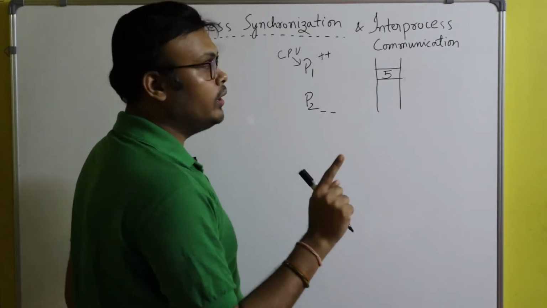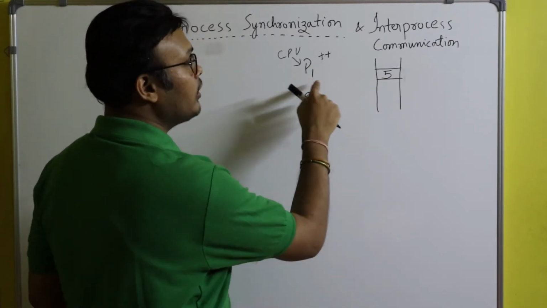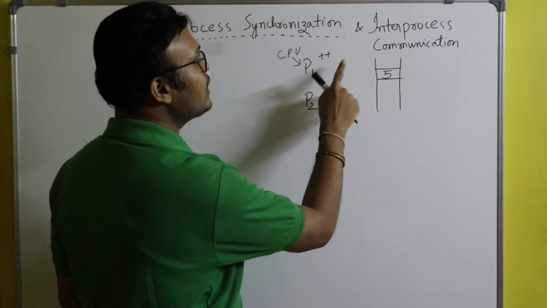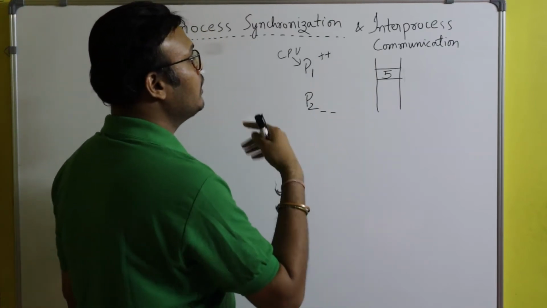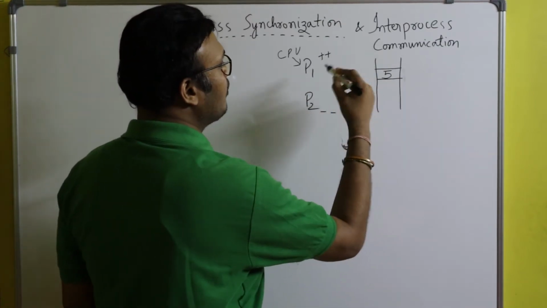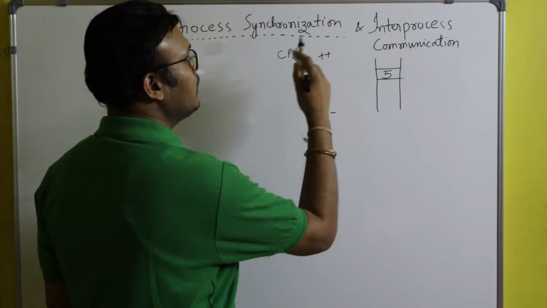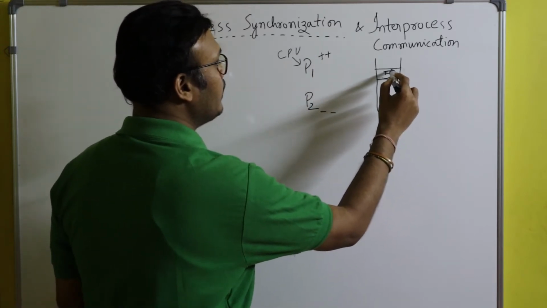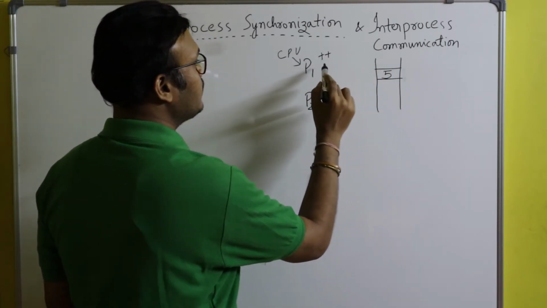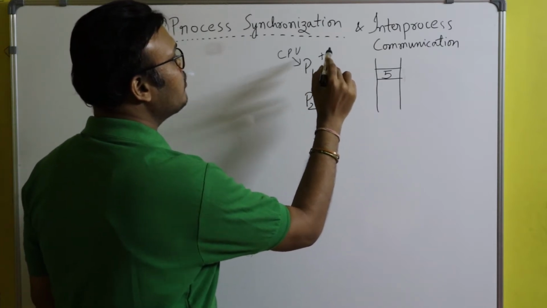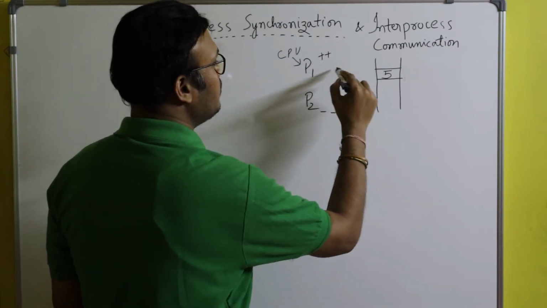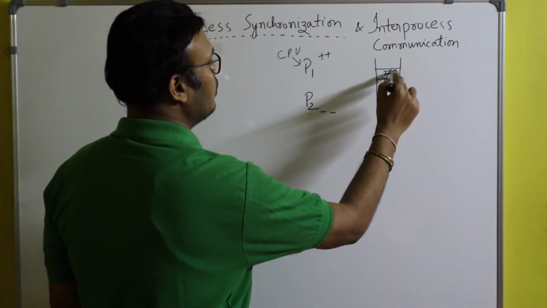Listen carefully. First, P1 will read the value present in this location. When P1 gets to know the value is 5, it will increment it and make it 6, as the task of process P1 is to increment.